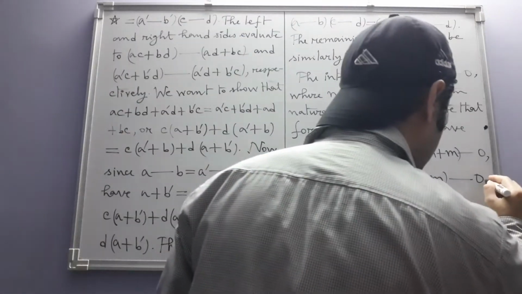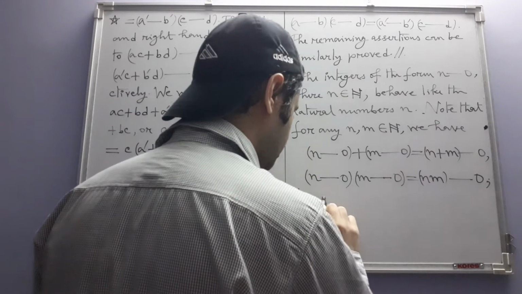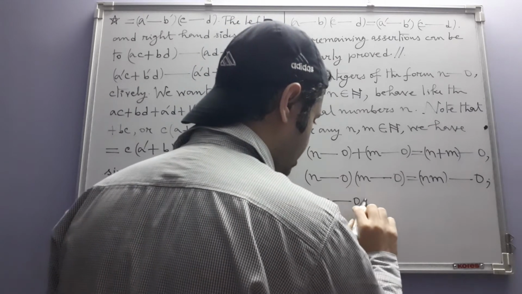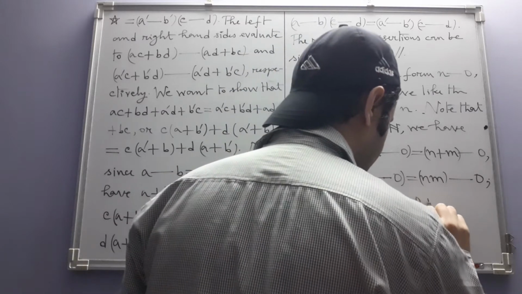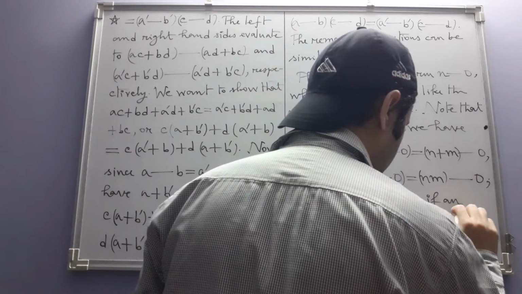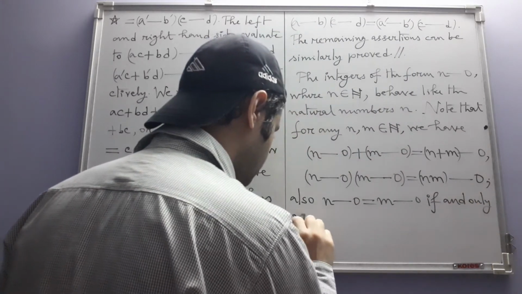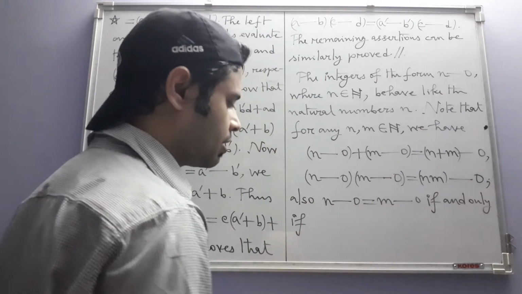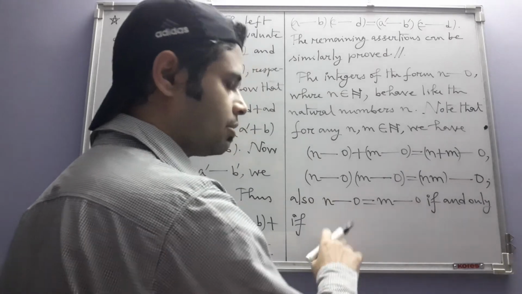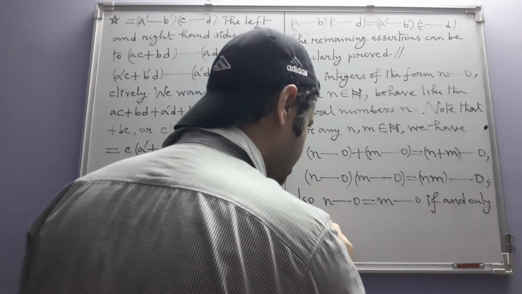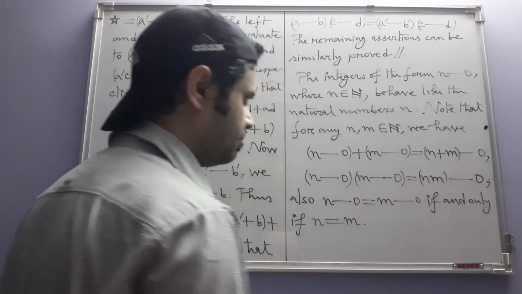Okay. Also, n dash 0 is equal to m dash 0 if and only if, you apply the definition of equality, this is true if and only if n plus 0 is equal to m plus 0, that is if and only if n is equal to m.